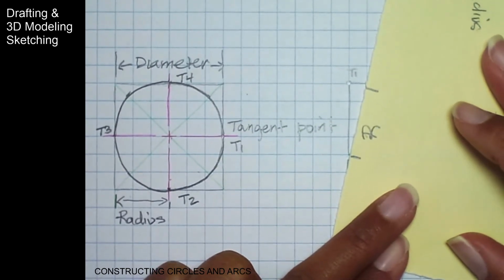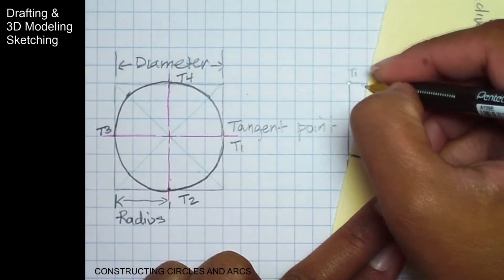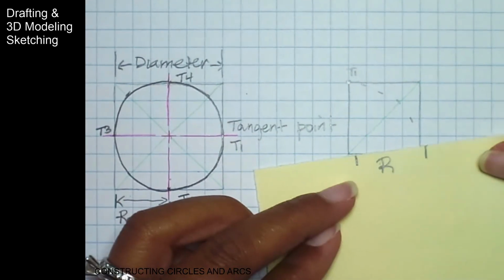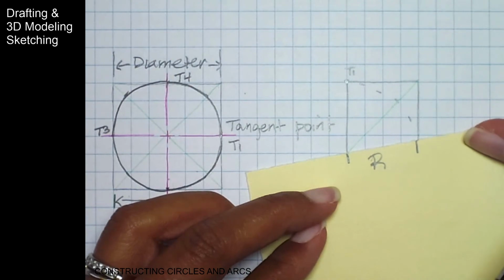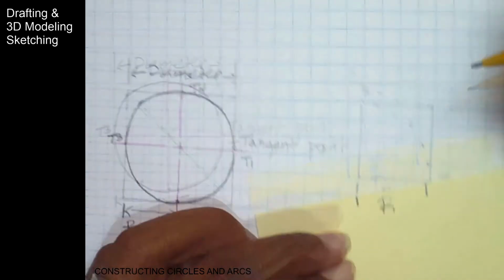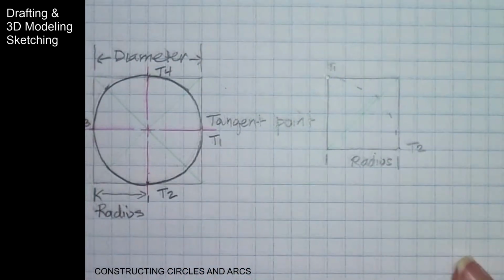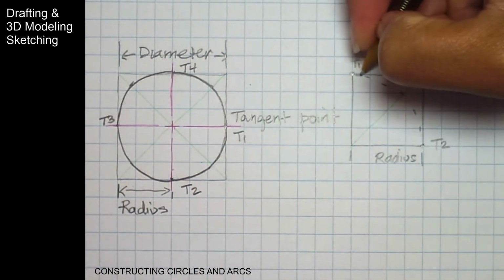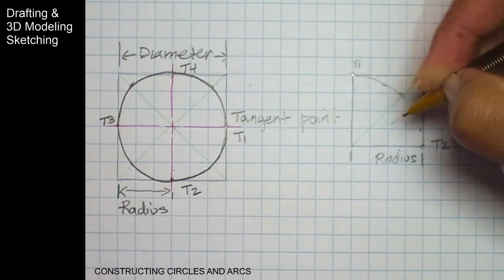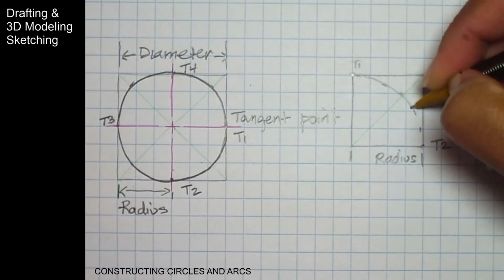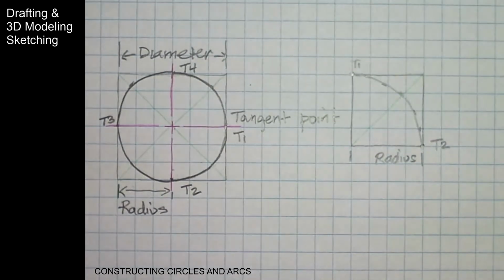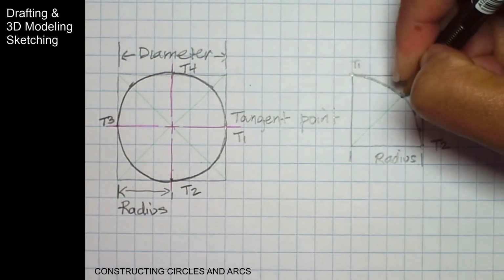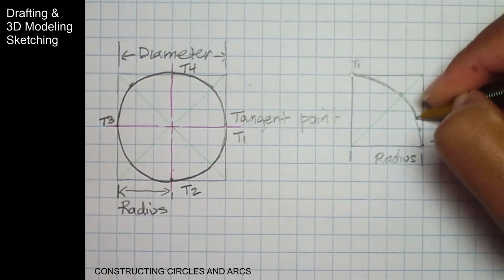How many you need to help you create the closest to a circle, right? So now I'm going to go over it lightly. And then we can make it solid.